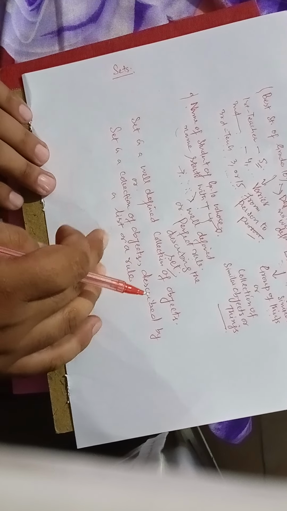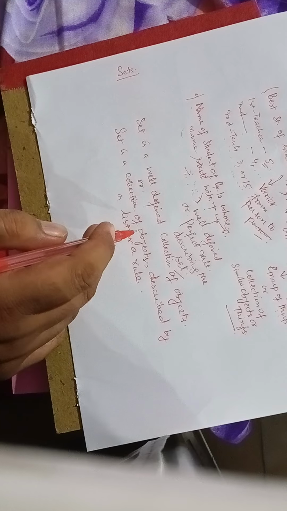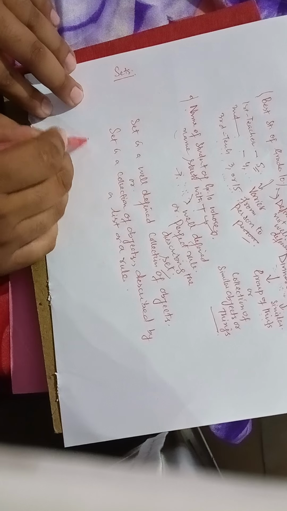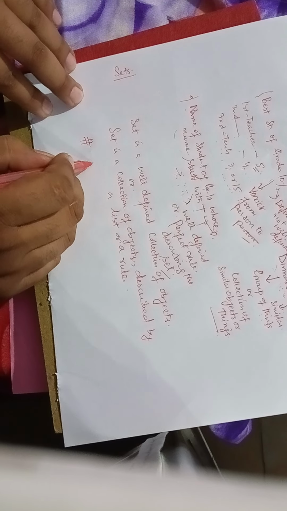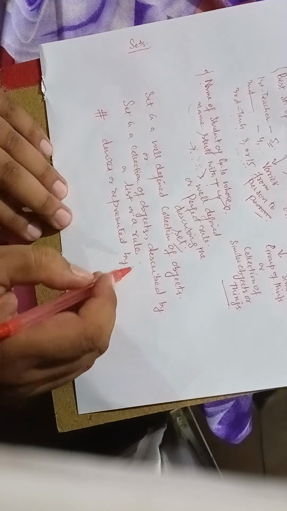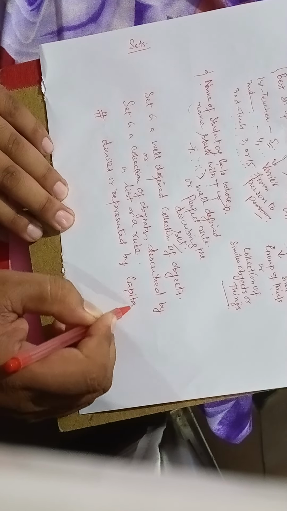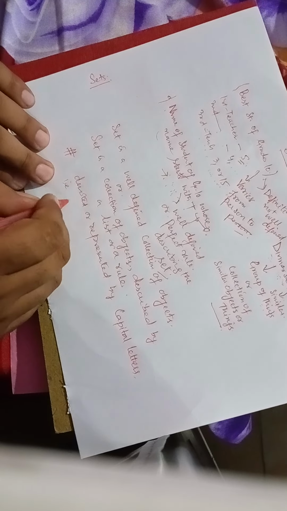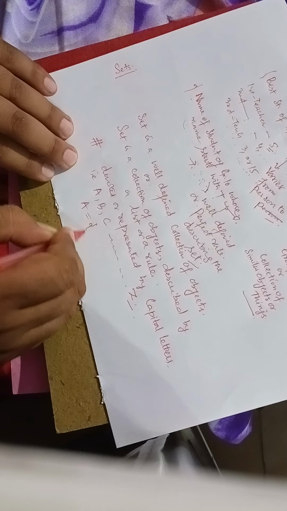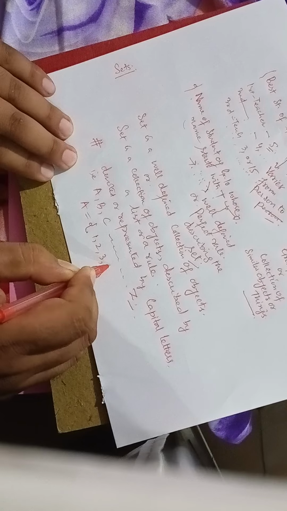Now you can see how we represent the set, how we can write the set, that we need to understand. First thing, sets are denoted or represented by capital letters, that is A, B, C till Z. I can write the set like this: A is equal to 1, 2, 3, 4.